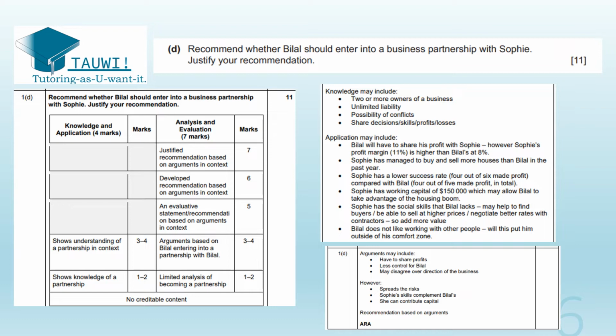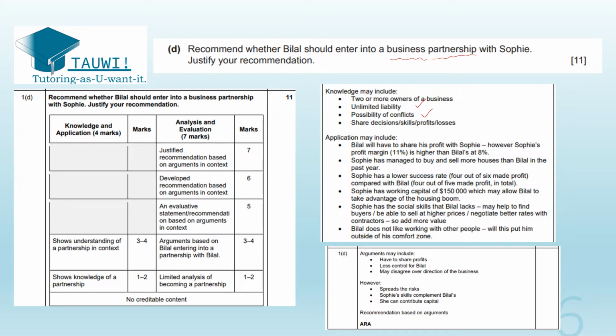And right, so let's start again with knowledge. Every answer will start with knowledge. So a partnership, define the partnership. And then remember that there is still unlimited liability. And in a partnership, there could be conflicts.